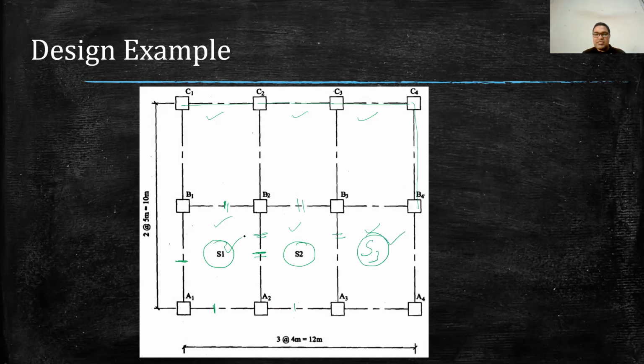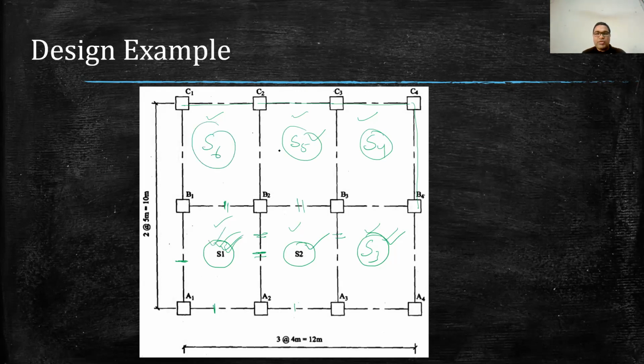Similarly, if I name this as S4, you can see S4, S3 and S1 are identical. If I name this as S5, you can see this one and S2 are identical, and this again, say S6, is also identical with S1.